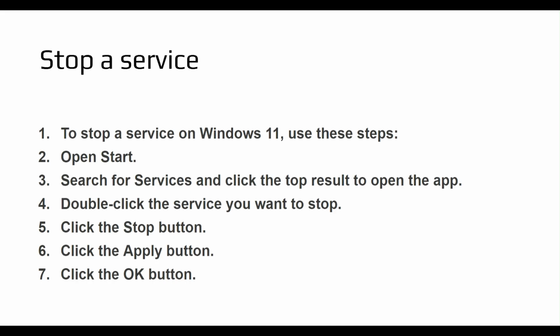This is the explanation of how to stop services, the process that you're going to follow to stop a service, how to re-enable it or start it back, and so on.